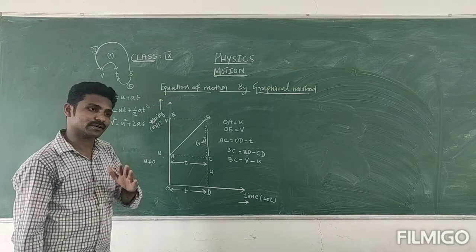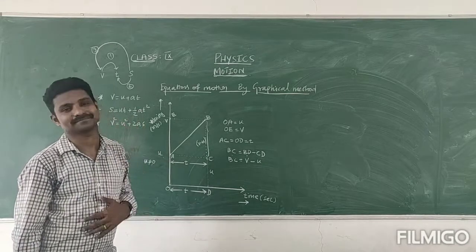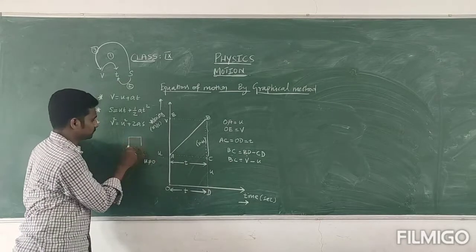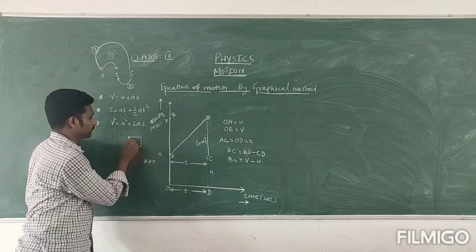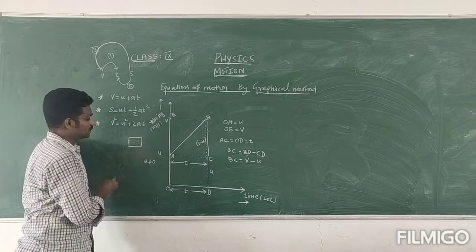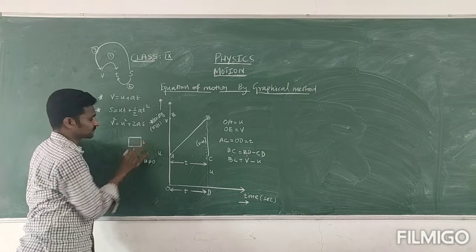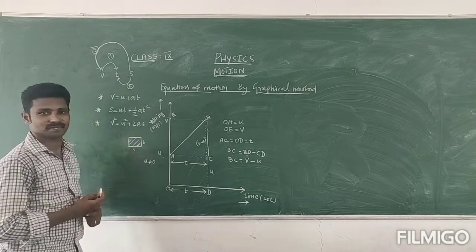Whenever you multiply on any graph, that is equal to area. For example, if you observe here, it is a length and it is a breadth. Length into breadth is nothing but area.